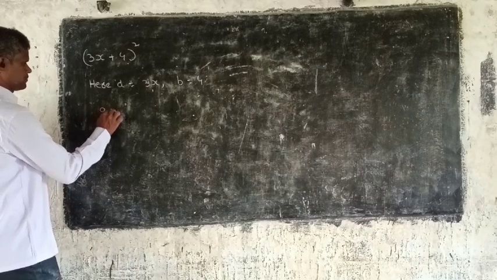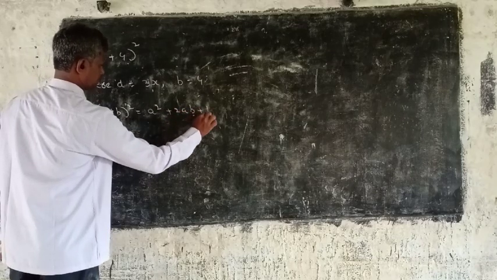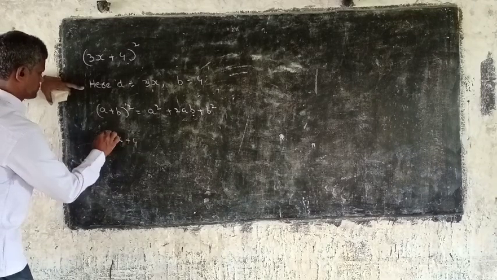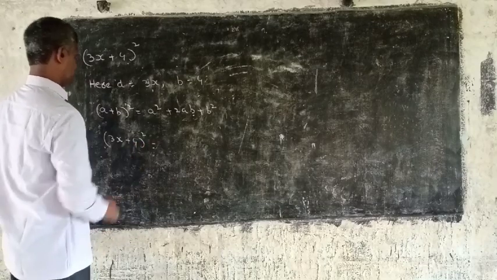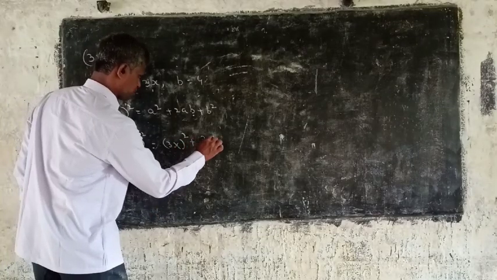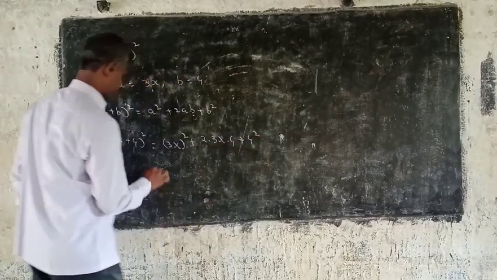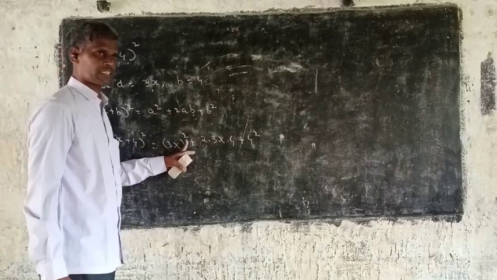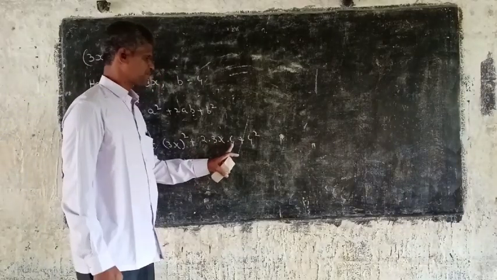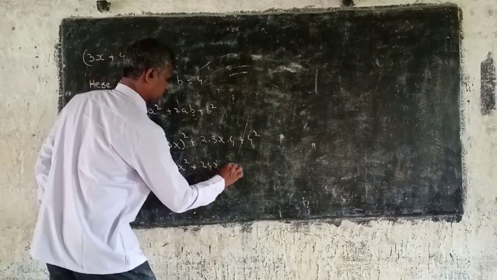Using formula, a equal to 3x, b equal to 4, whole square equal to (3x) whole square plus 2 into 3x into 4 plus 4 square. 3 square means 3 3s are 9x square plus 2 3s are 6, 6 4s are 24x, 4 square equal to 4 4s are 16.